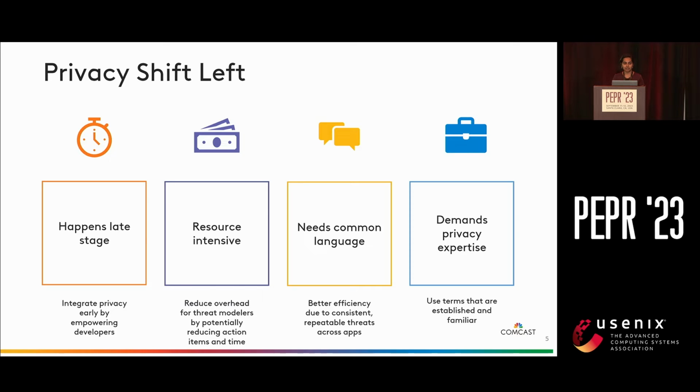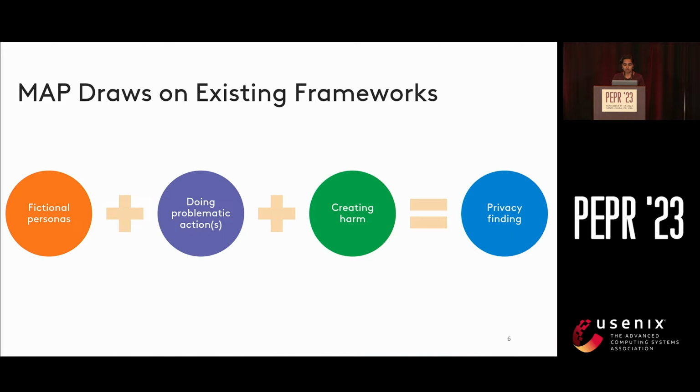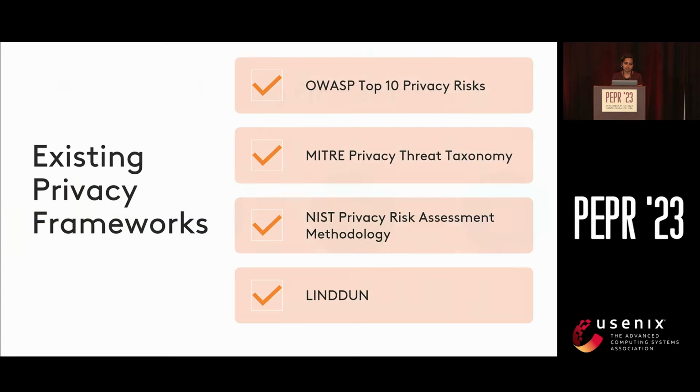The way we do that is by using terms that are already established and familiar. So we don't reinvent the wheel here, we use existing frameworks, which I'll shortly talk about. But the way we approach a privacy threat is by creating a fictional persona who is doing a problematic action and creating some kind of harm. And that leads to a privacy finding for an application.